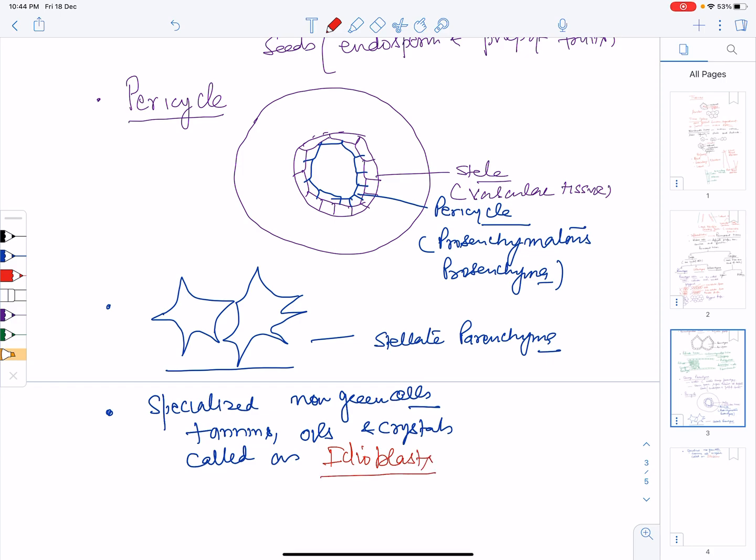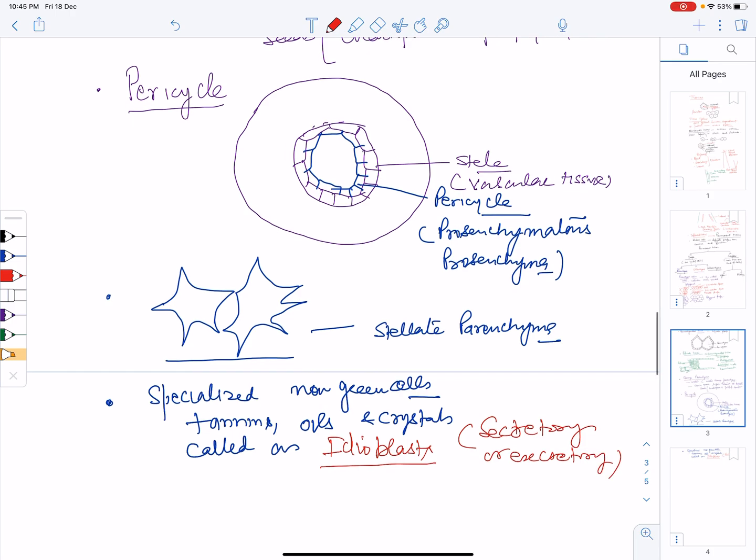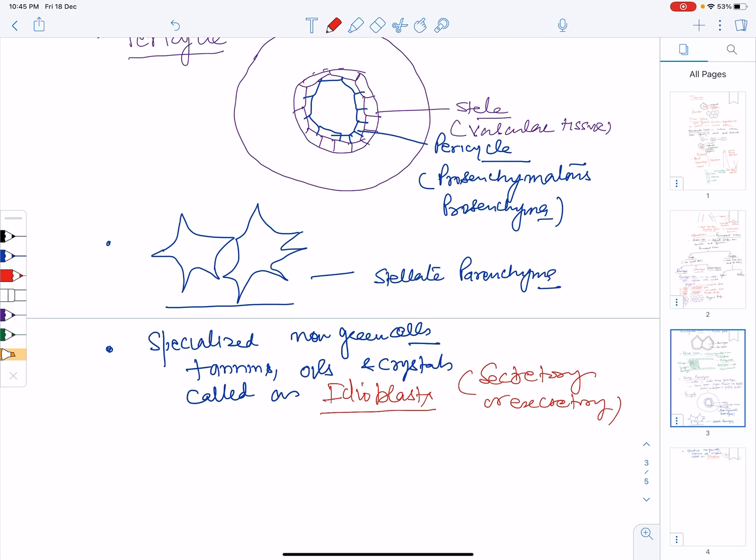Cells which store secretory or excretory products, big in size, are called idioblasts.